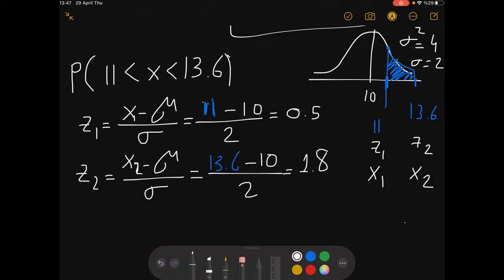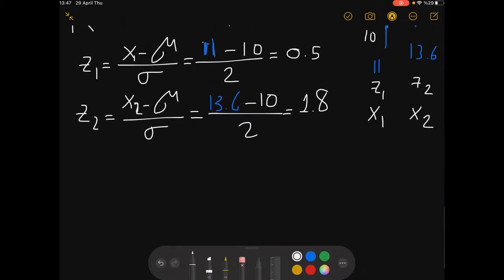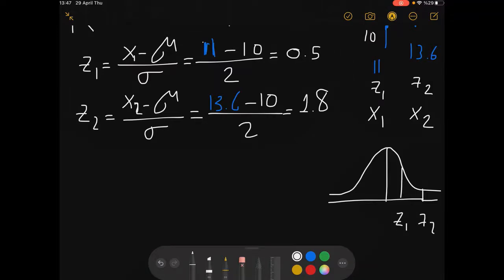Now I need to have two areas here, or two probabilities. I'm trying to figure out from Z1 to Z2. So I need to calculate this Z2 area first because it's larger. Then subtract this Z1 area from this Z2 area. Can you see this?